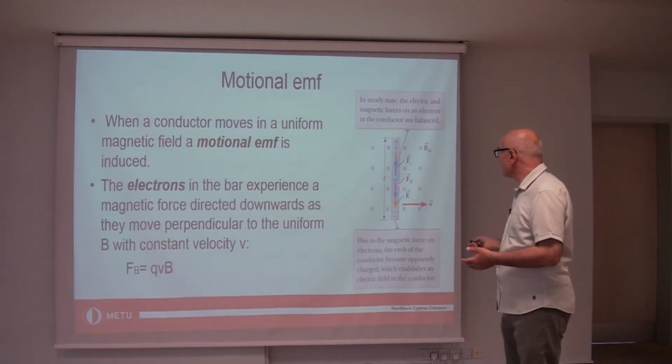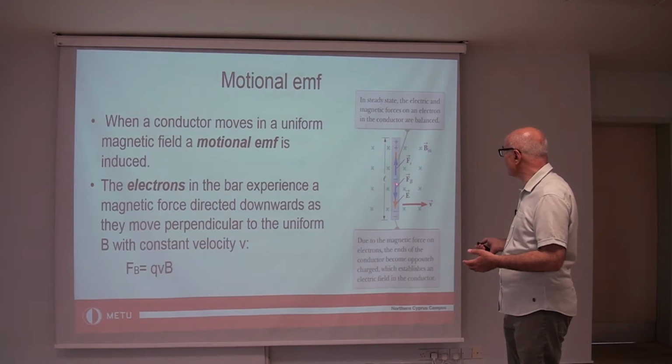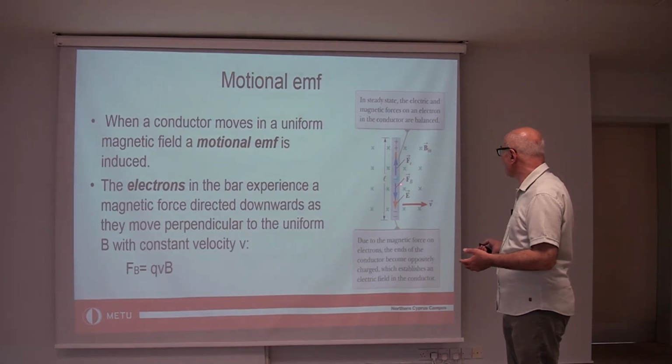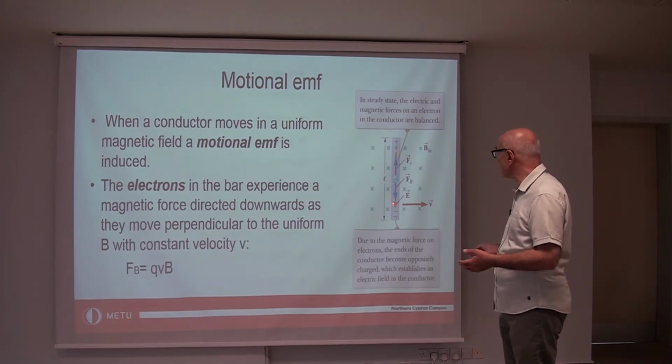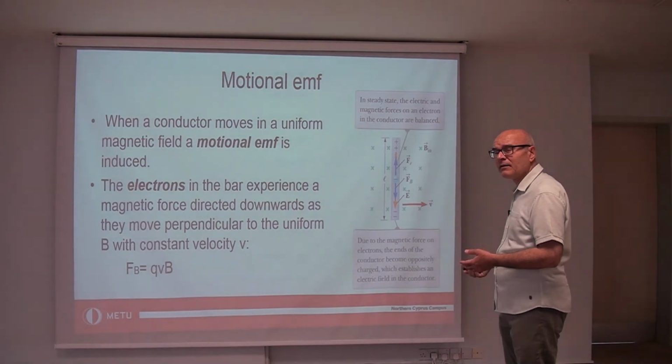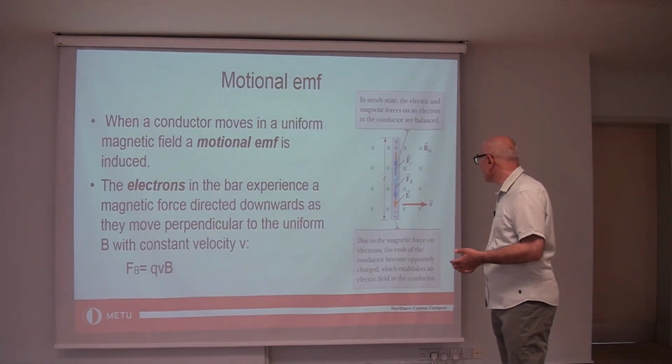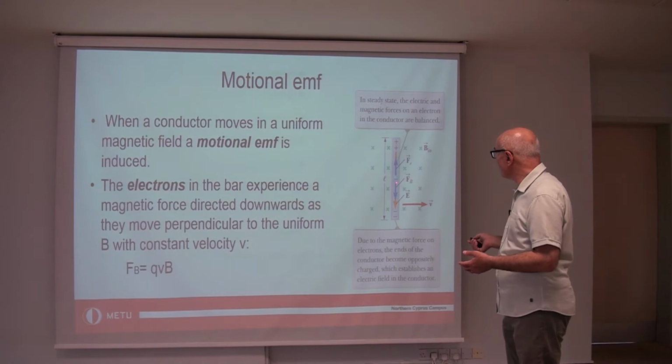Okay, and because these are electrons, these electrons will feel a magnetic force directed downwards, because it should be perpendicular to the velocity of the electrons and the magnetic field.